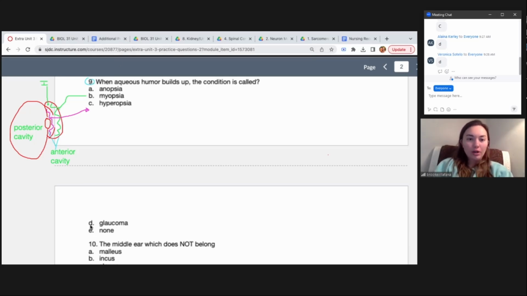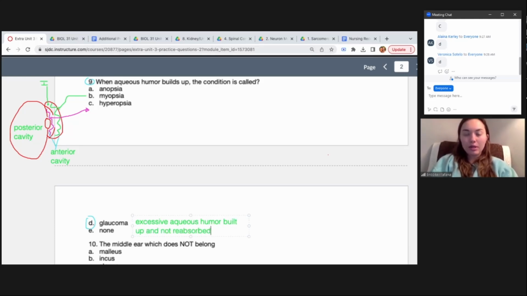It's called glaucoma, right? Glaucoma is when we get excessive aqueous humor, which is like the jelly-like stuff in your eye, built up and not reabsorbed. So it's kind of like it's collecting inside of your eye.